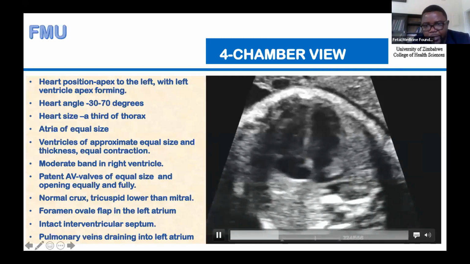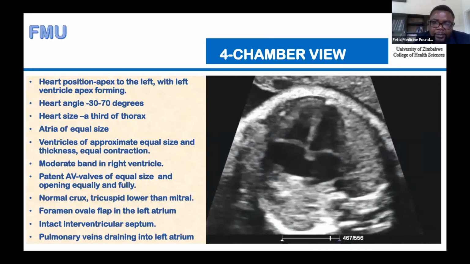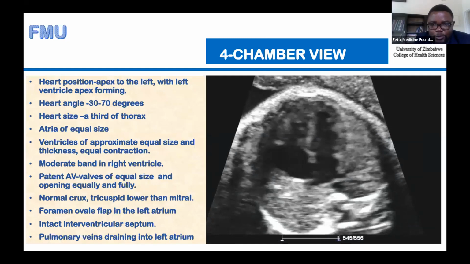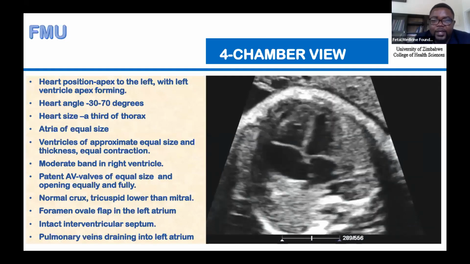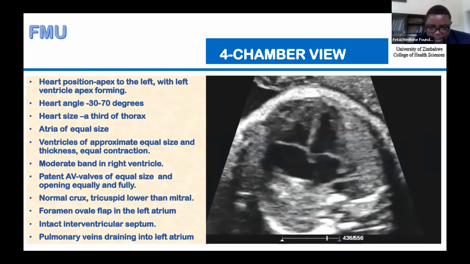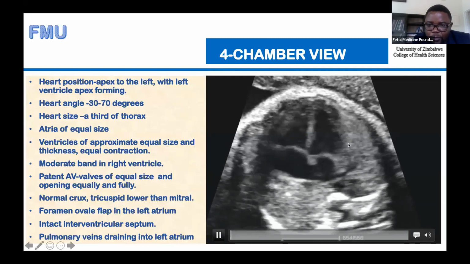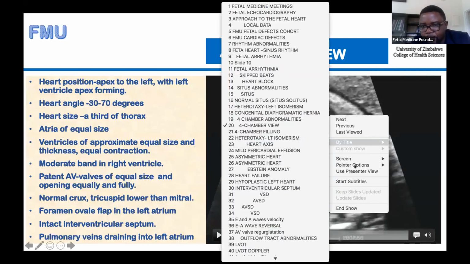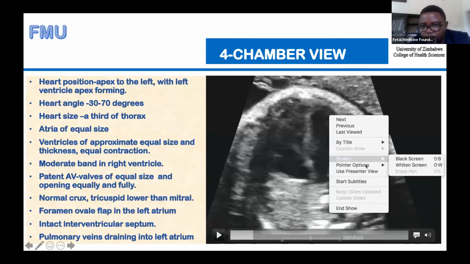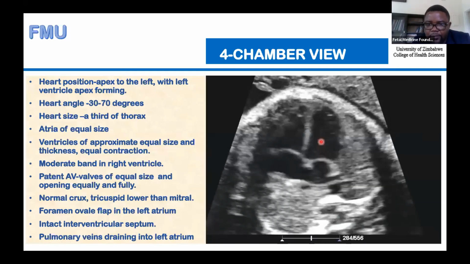After having done that, to go a step further, you should also know the morphology of the heart. When you are saying morphology, you are saying how should the left side of the heart look? How should the right side look? Sorry, let me use the laser pointer.